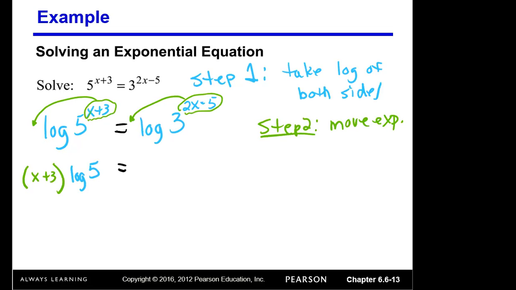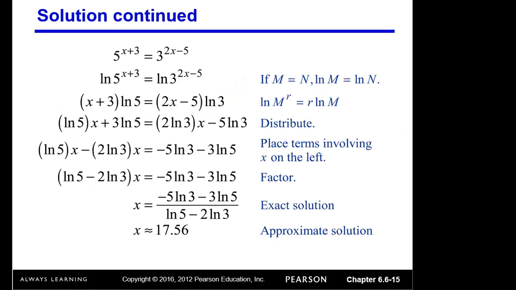Same thing with the 2x minus 5, it's got to go in parentheses. I'm running out of room fast, so I'm just going to go to here and show you. Oh, they did natural log. Whatever, I did log.